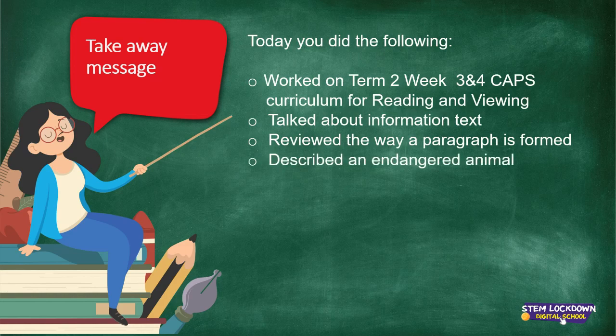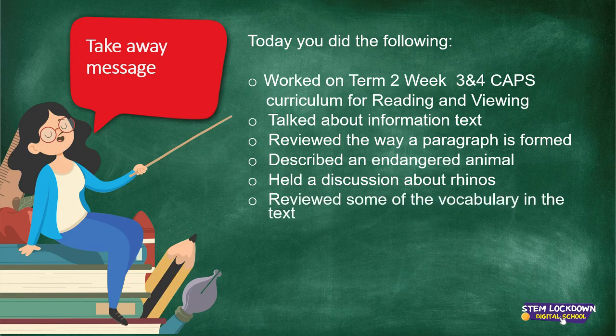We described an endangered animal, which was really from yesterday, but I reminded you of that, how we describe using the 5 senses as well. Then we had a discussion about rhinos, and hopefully you called out your answers. And we reviewed some of the vocabulary in the text.